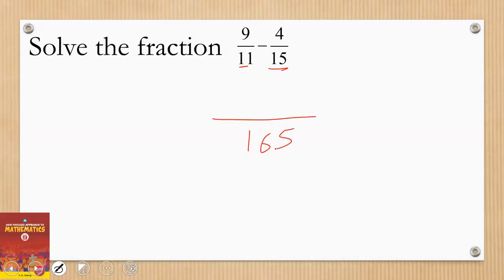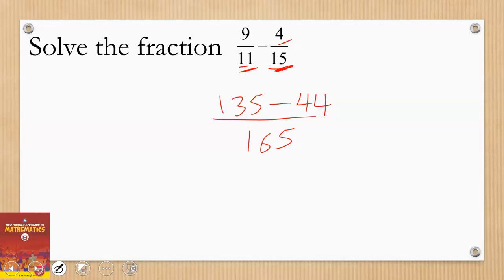So the question is, how many times would 11 divide 165? That is 15, and so we do 15 times the numerator. 15 times 9 will give us 135. Minus, now 15 can also divide 165 as 11. 11 times 4 will give us 44.